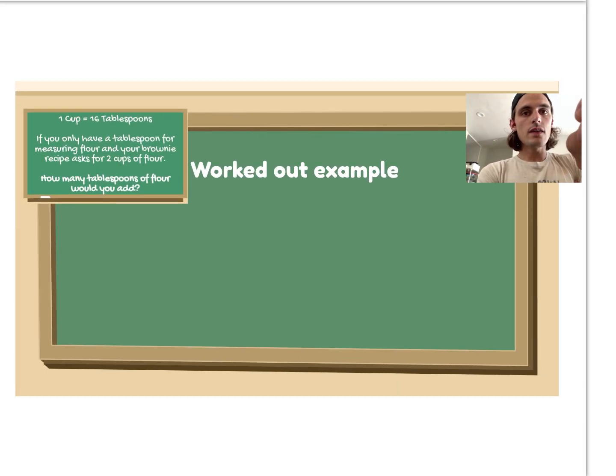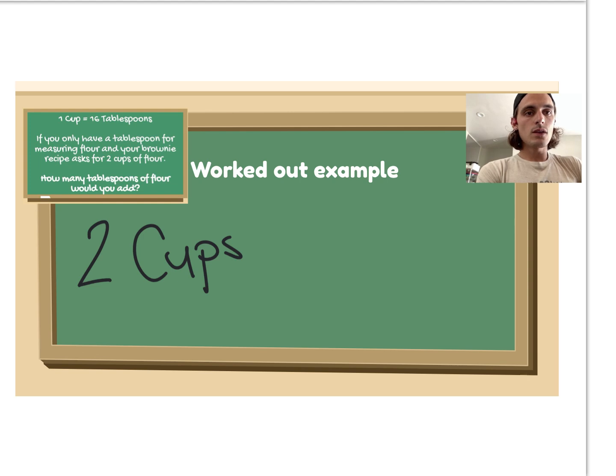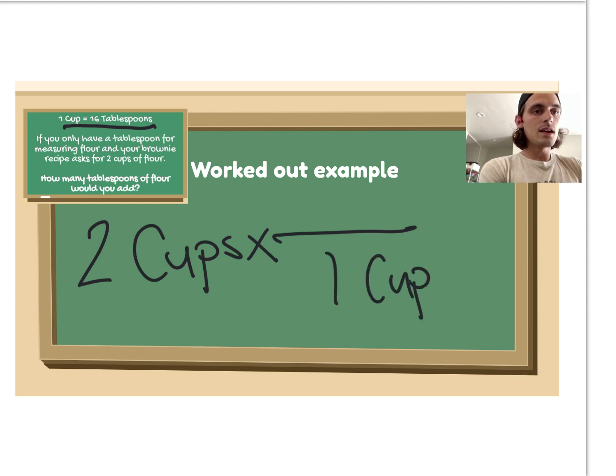We're going to start on the left with the thing we do know. We do know that we have 2 cups of flour we need to make our brownies. Then our known relationship is that there is 1 cup, and we're going to put it on the bottom so it cancels. 1 cup has 16 tablespoons. I'm just going to write a big T. You could write out tablespoons, but this is a little bit quicker. And then, because cups are on the bottom and the top, we're going to cancel that out.